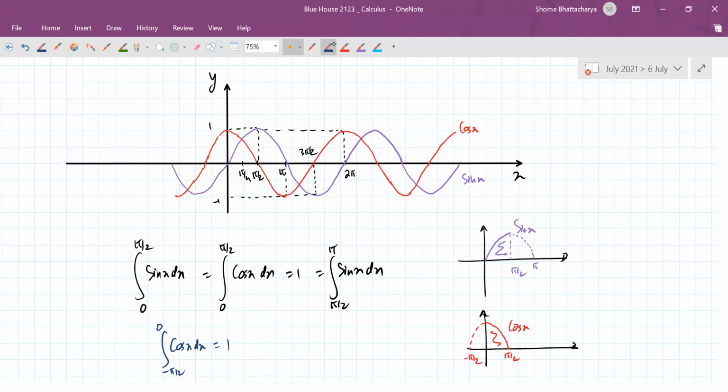And your C part's answer comes out to be 1 again. So a lot of interesting aspects of the symmetry of sine and cos graphs can be understood by this area under the curve and integration also.